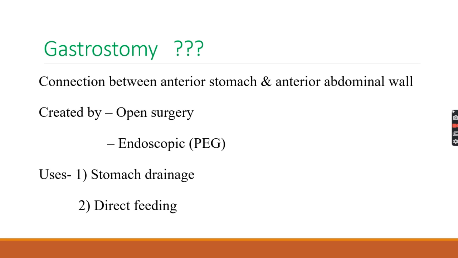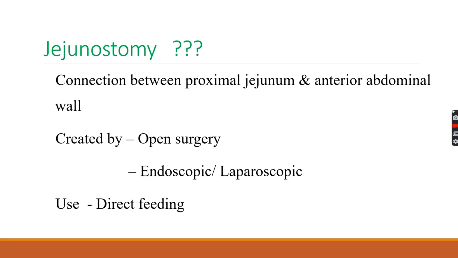Why is it done? Two purposes basically. Whenever we want to drain the stomach, that is a requirement of any operative procedure. And second, whenever we want to feed the patient, for direct feeding purpose, we go for this gastrostomy, right?